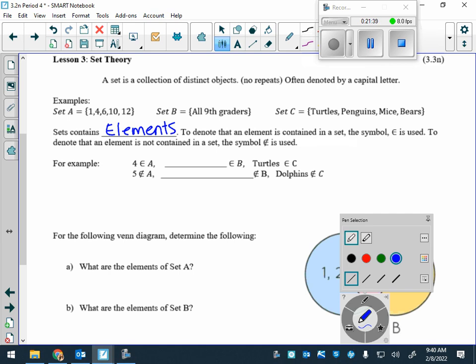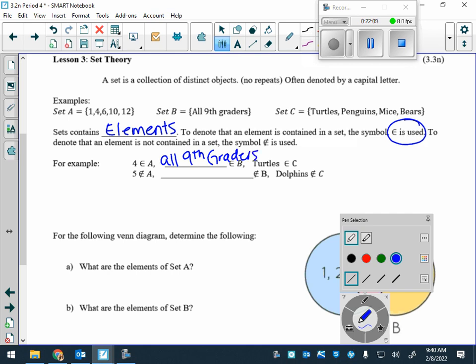To denote if an element is contained in a set, we use this letter E, this kind of Greek letter E, that says, for example, 4 is in set A. However, 5 is not, where we put the line through it. So in set B, we have all ninth graders.